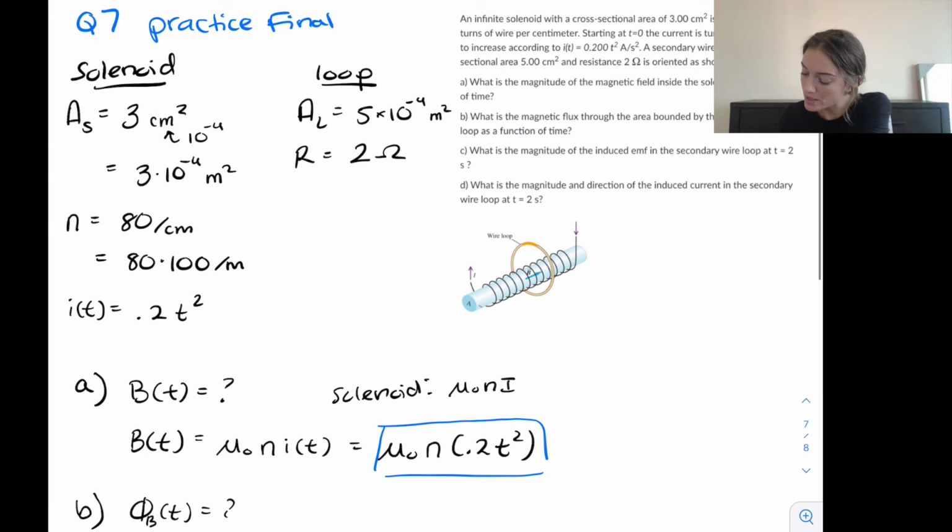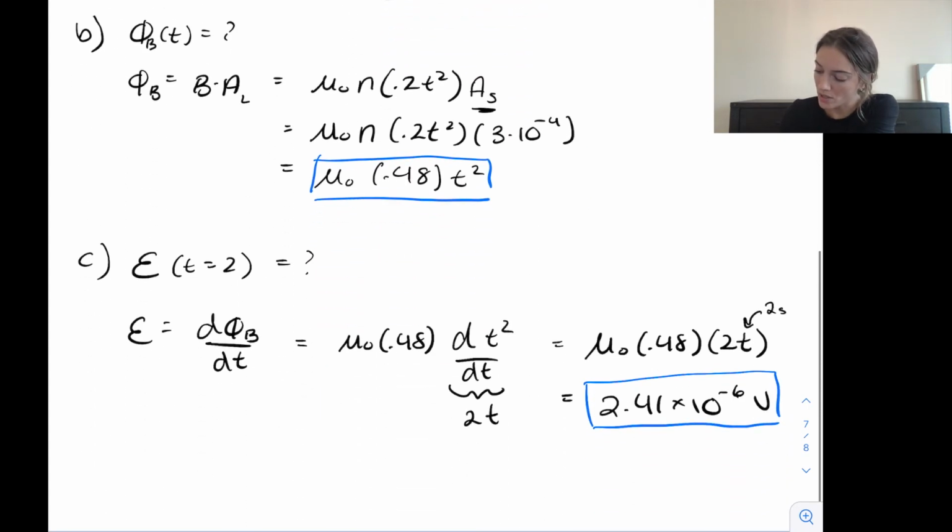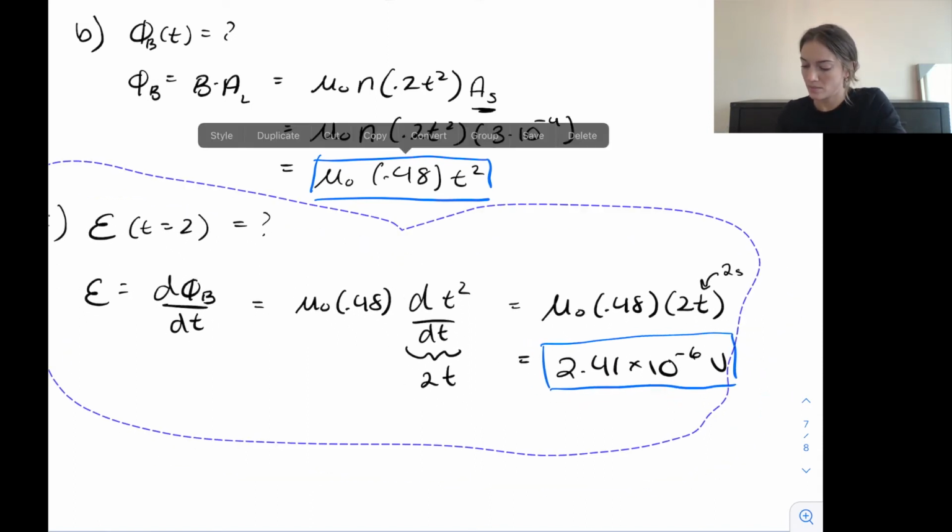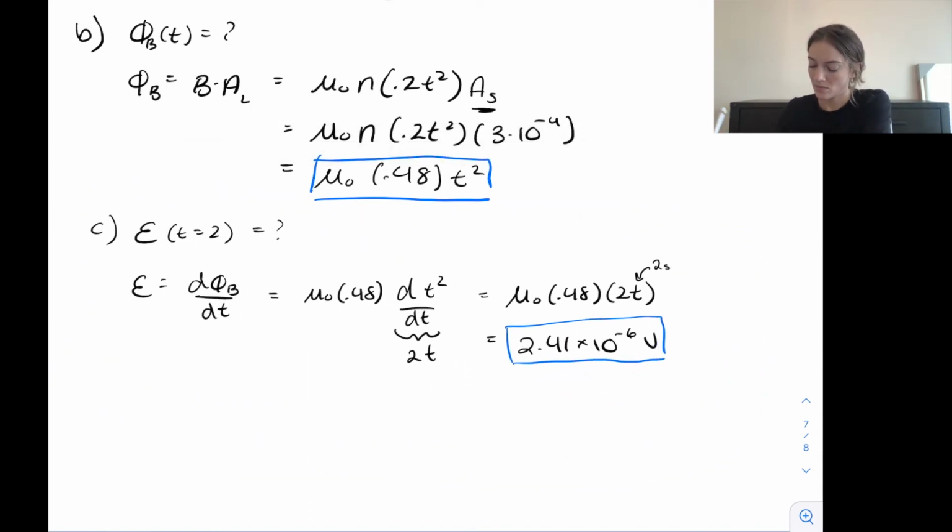And then for part D, we just want to know what is the magnitude and direction of the induced current at that same time, t is equal to 2. So we're going to use our variation of Ohm's law. To find the current, we have the EMF is equal to the current times the resistance.